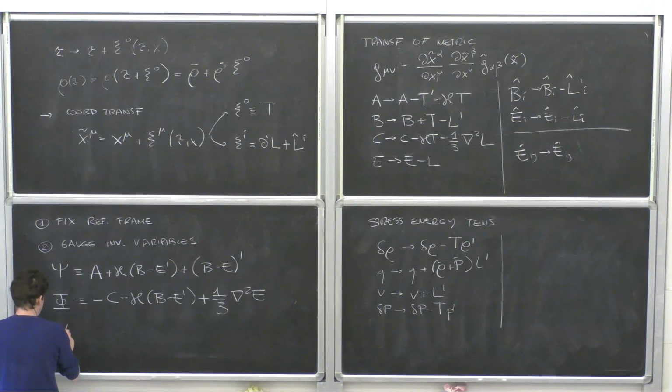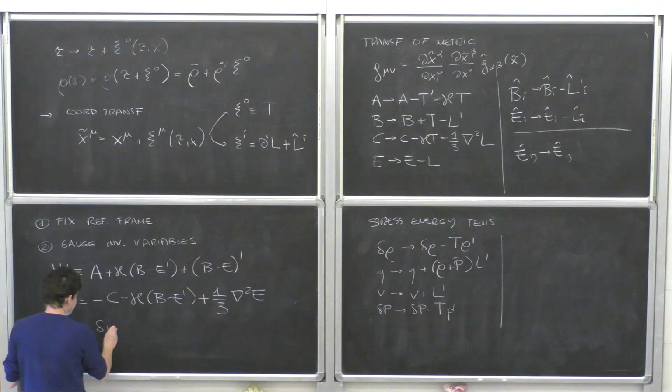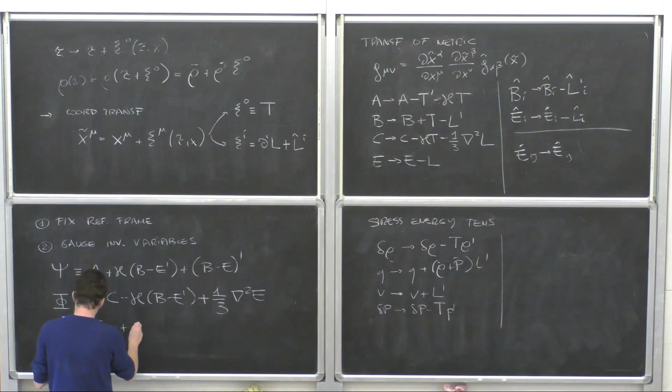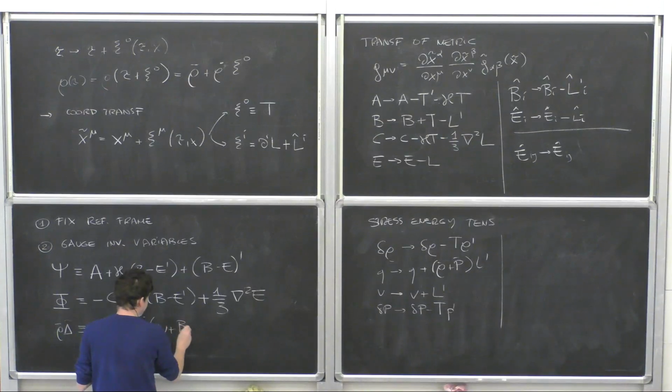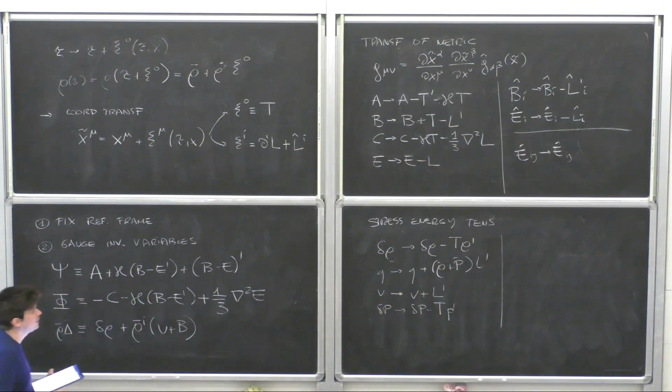And then the last thing I'll need is this rho delta, which is my gauge invariant density fluctuation. And you can easily verify that these won't change when you do these types of transformations. Very good.